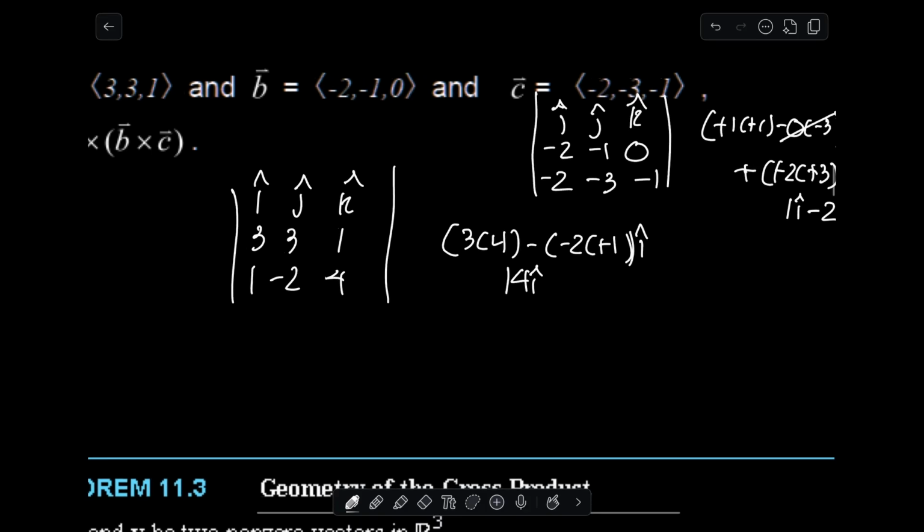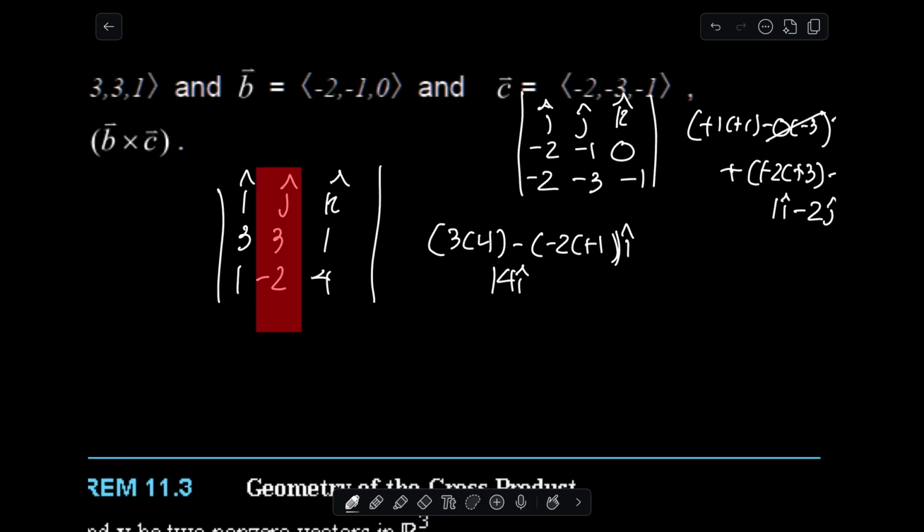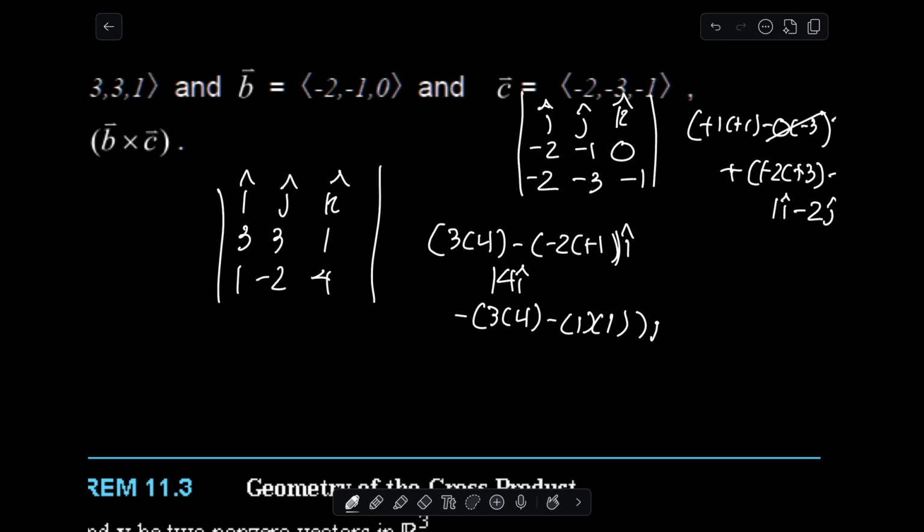Then we're going to cover up the J hat, so it's going to be 3 times 4 again, minus 1 times 1 J hat. So that's going to be negative times 12 minus 1, so it's going to be minus 11 J hat.